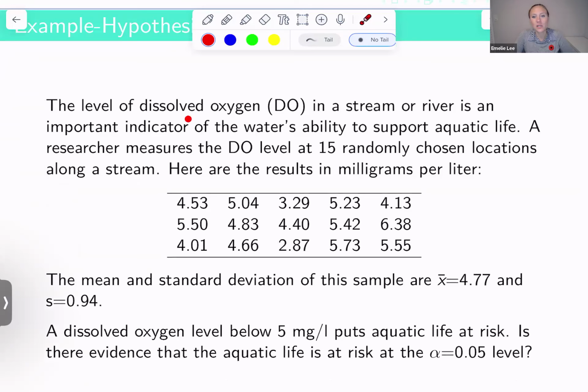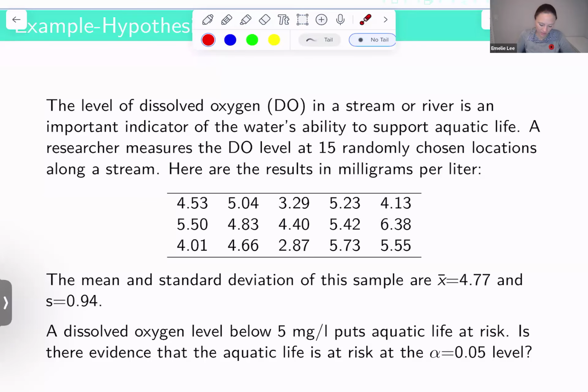The level of dissolved oxygen, which is abbreviated DO, in a stream or a river is an important indicator of the water's ability to support aquatic life. So, of course, that's a common measurement. A researcher measures the dissolved oxygen level at 15 randomly chosen locations along a stream.